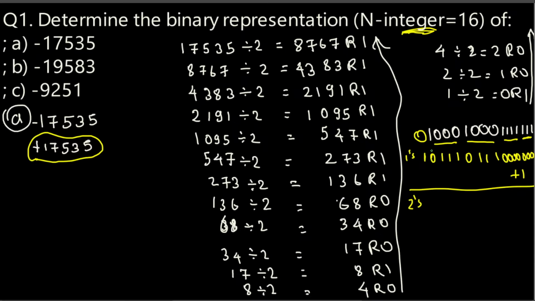It's going to be exactly the same except the last digit changes into 1. So we have 1 0 1 1 1 0 1 1 1 0 0 0 0 0 0 1, and this is equivalent to negative 17,535, and that's the answer for the A part.